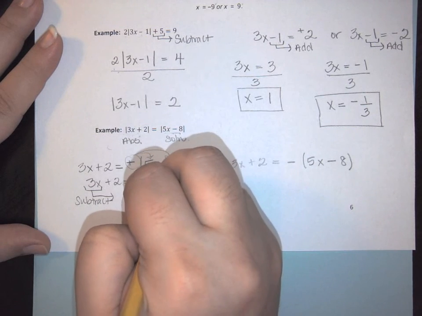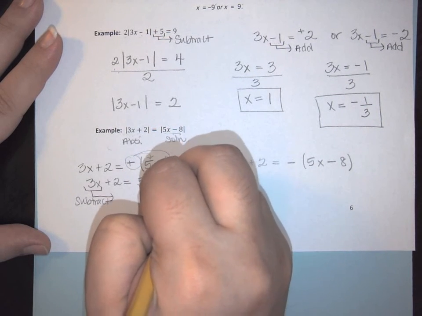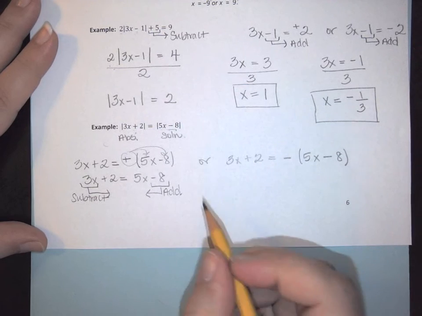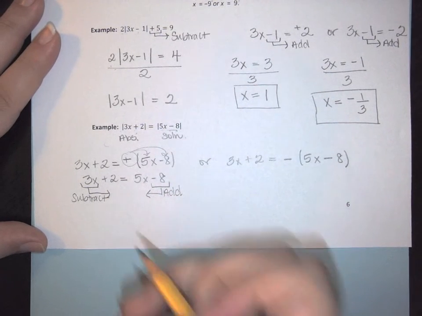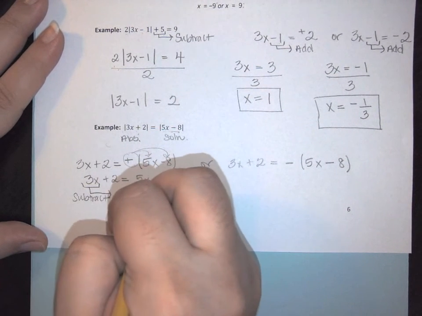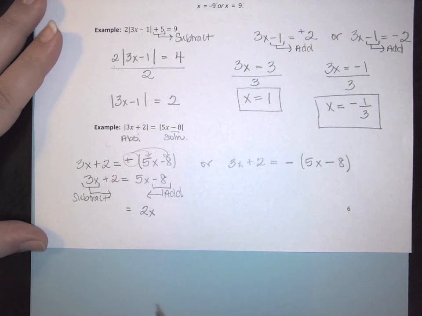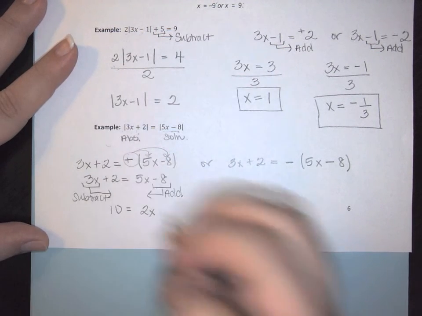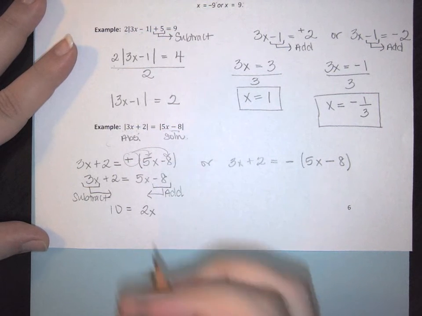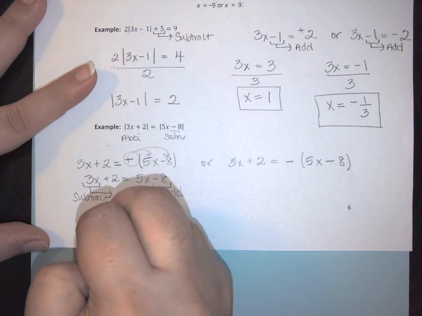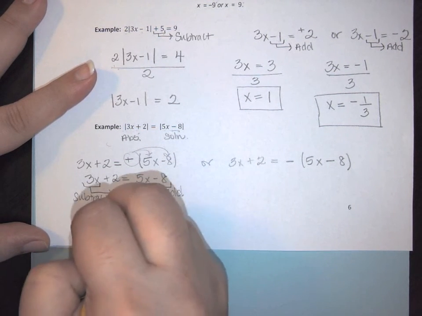Since the 8 is negative, to move it I have to add. So 5 minus 3 is going to give me a 2x. 2 plus 8 gives me 10. I have to divide everything by 2, so I get that 5 is equal to x, and this would be the first result.